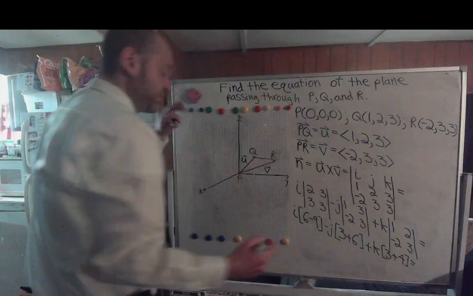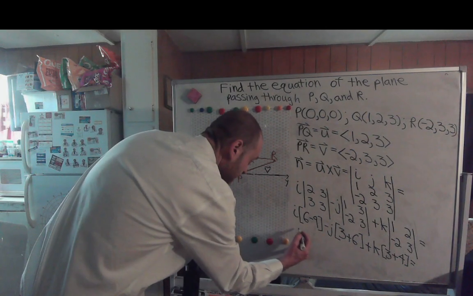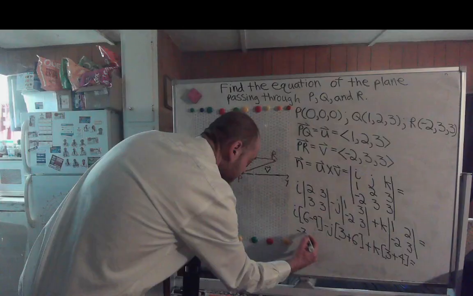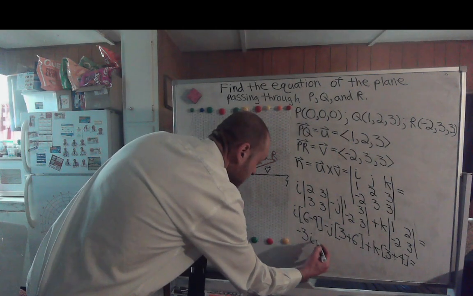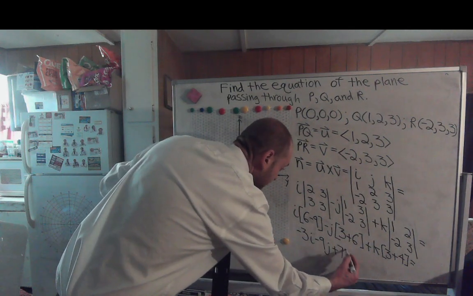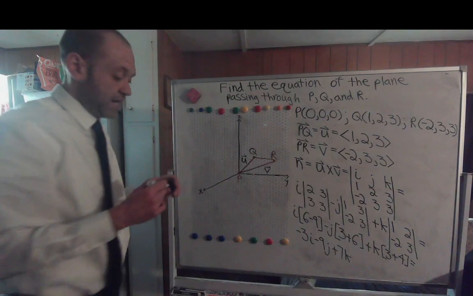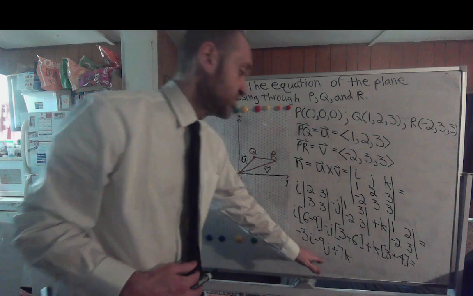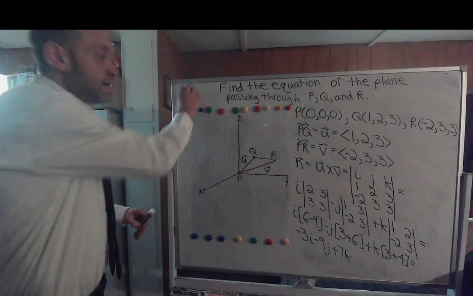So when you simplify this, you'll end up getting negative 3i minus 9j plus 7k. That is your normal vector, negative 3i minus 9j plus 7k.